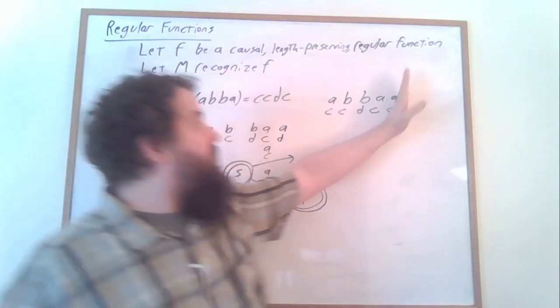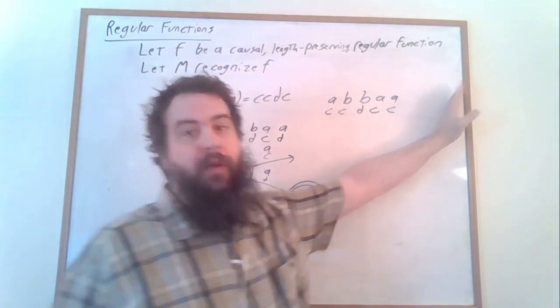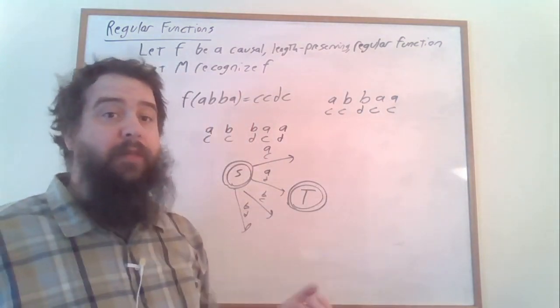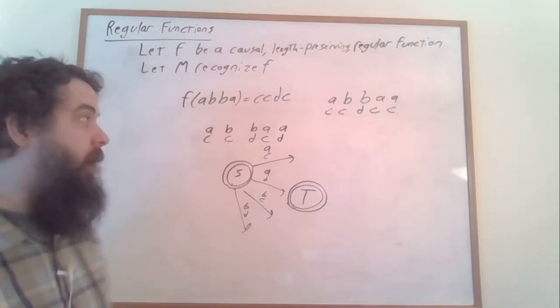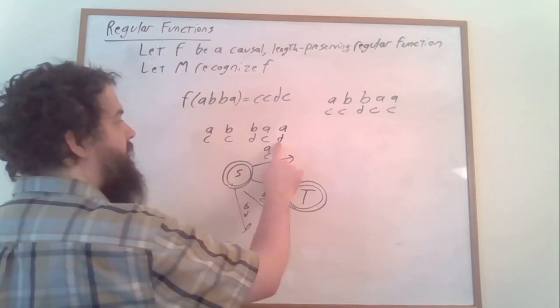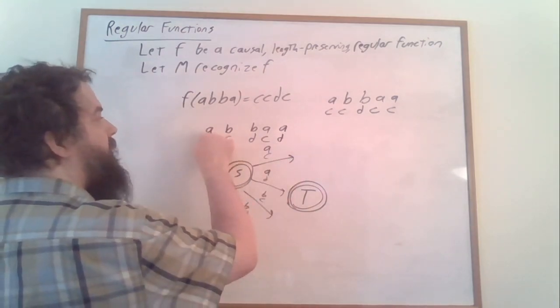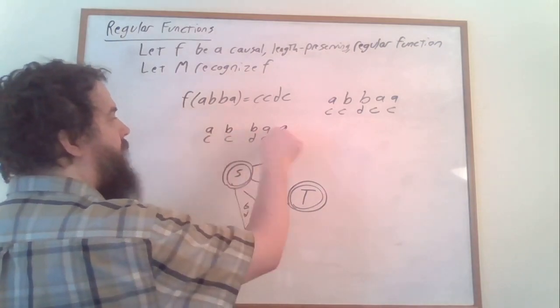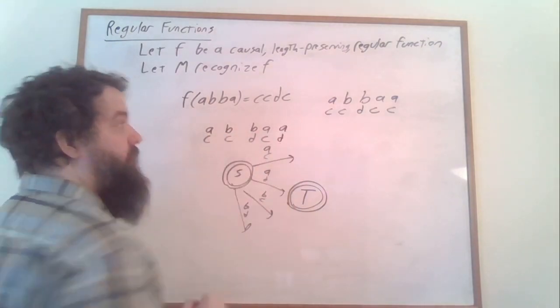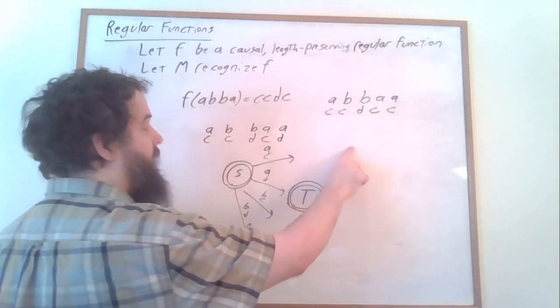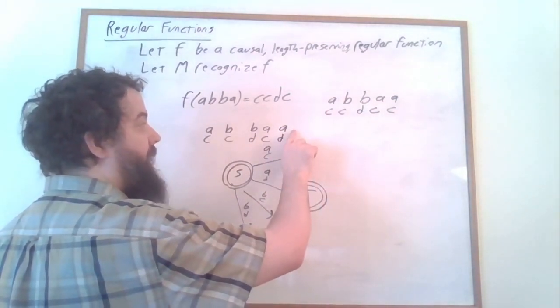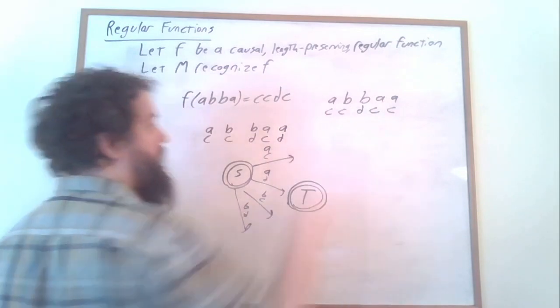There's no way of continuing this input to get something that's accepted by this finite state automaton. Because this function is causal, the output character at this position can only depend on the input characters up to and including that position, which means it's not going to depend on other output characters, and it's not going to depend on further input characters.